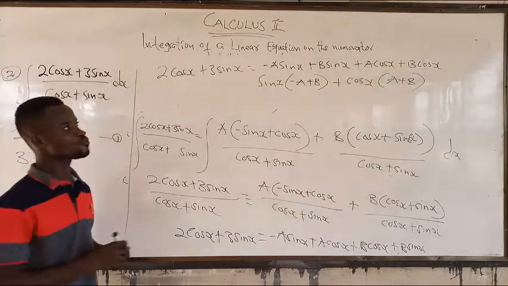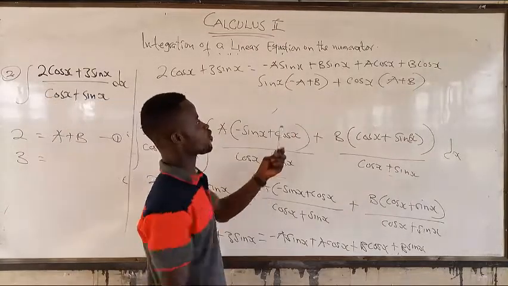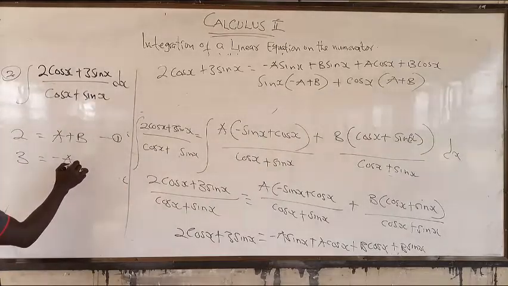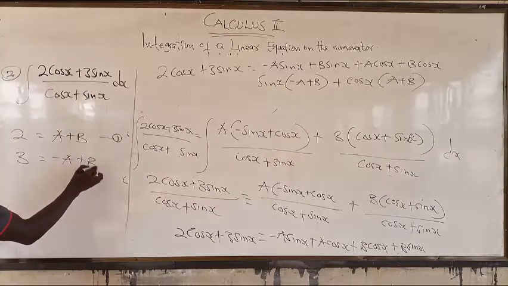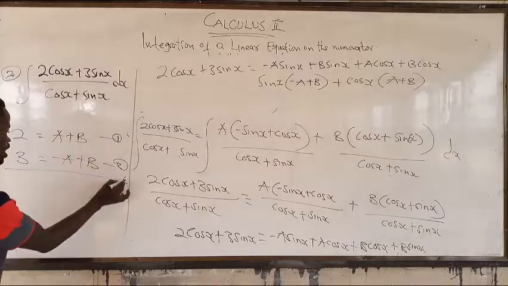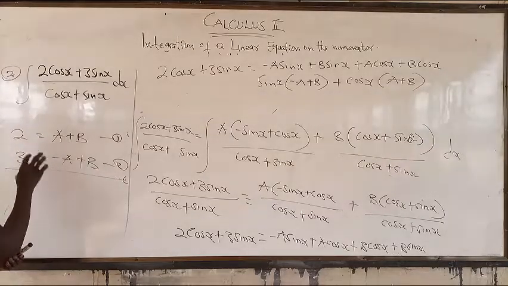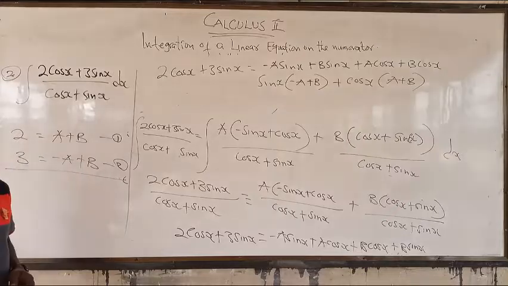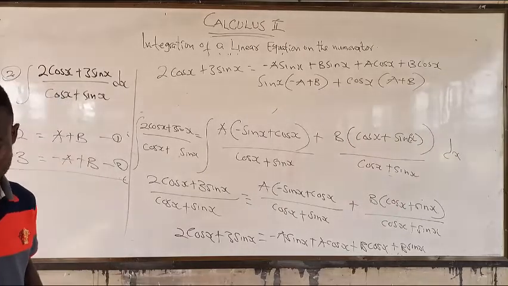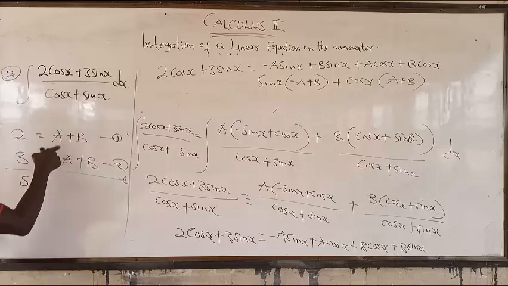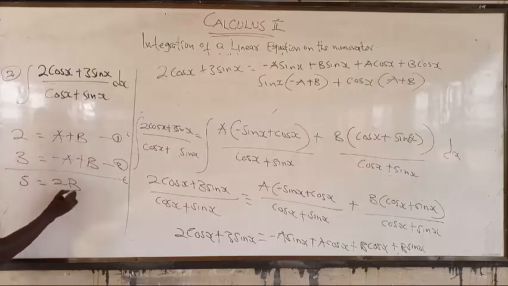The coefficient for the right hand side for sine is negative a plus b, equation 2. Very good. So when we do the elimination method, we just add equation 1 to equation 2, and we are going to get a very nice thing. Add this to this, you get 5. Add this to this, 0. Add this to this, 2b. So we get b to be equal to 2 over 5.